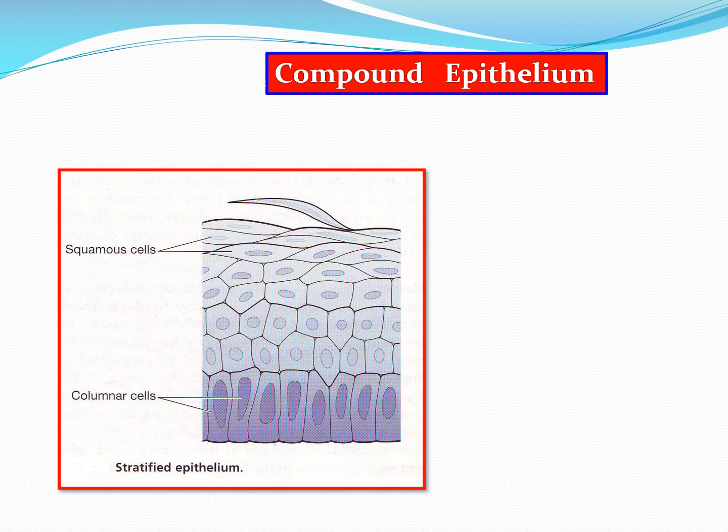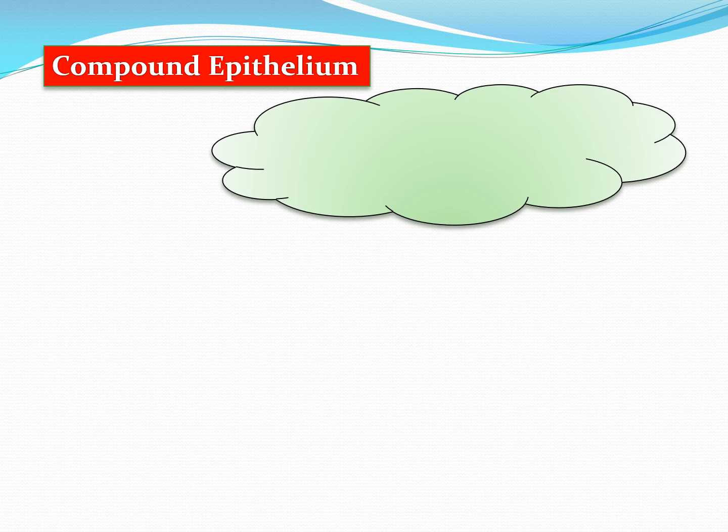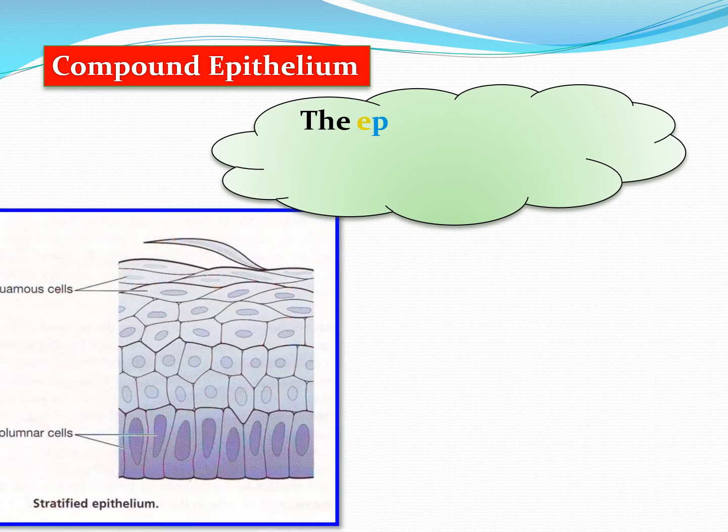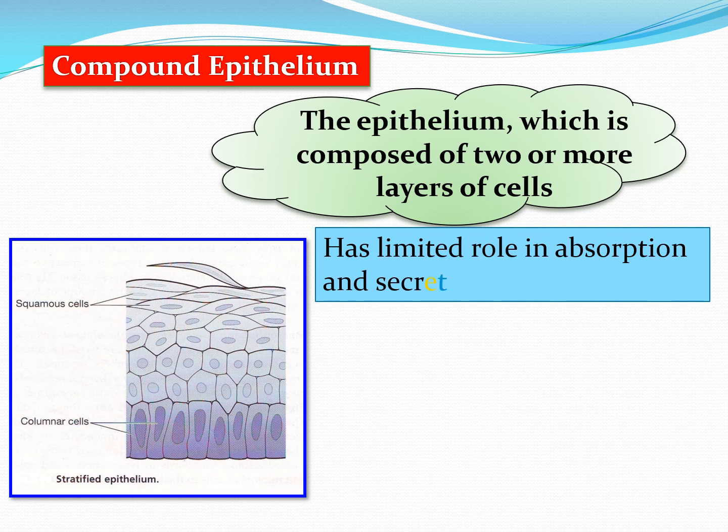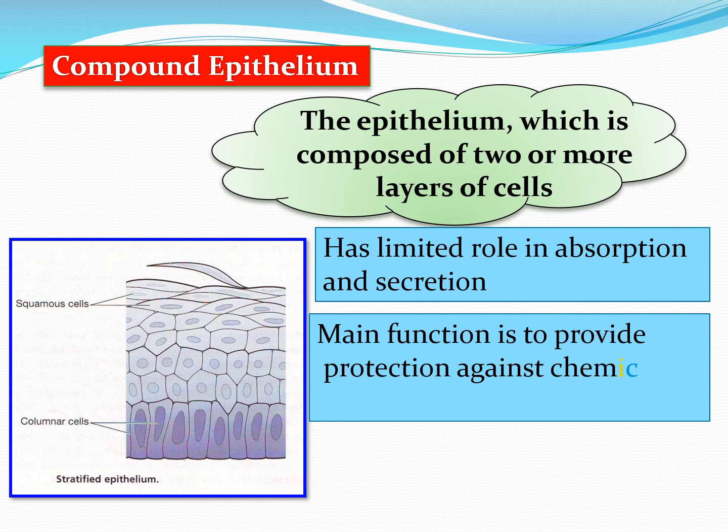Let us study about compound epithelium. So, compound epithelium is the epithelium which is composed of 2 or more layers of cells. It has a limited role in absorption and secretion. The main function of compound epithelium is to provide protection against chemical and mechanical stresses.